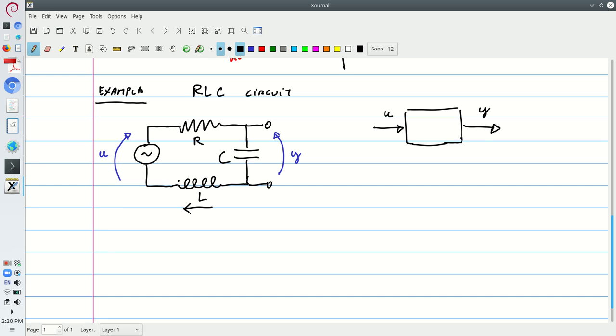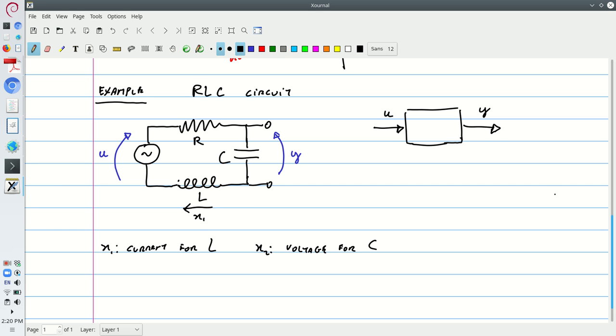So if we choose x1 as the current for L, and if we choose as x2 the voltage on every capacitor, this is always going to be a good state for a passive circuit. If we have this choice, we just need to write some fundamental equations involving the capacitors and the inductors and the mesh of the circuit, and then we already have our state space representation.